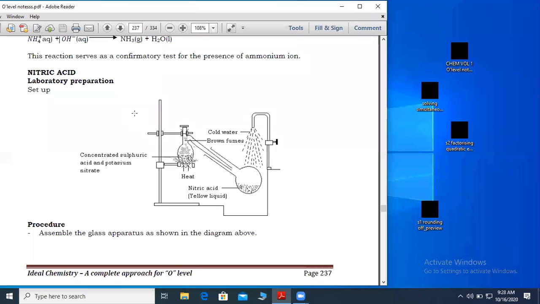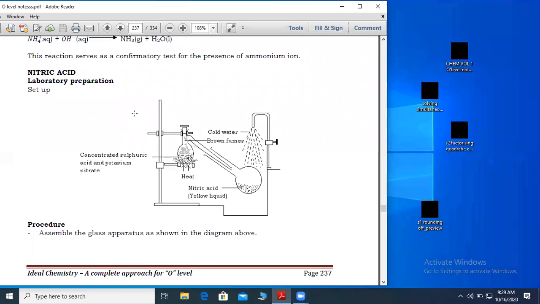Now, the other one, catalytic oxidation, that is manufacture of nitric acid. We are now looking at laboratory preparation of nitric acid. So, in the laboratory, I told you, you always need two substances that react together to form what you want.